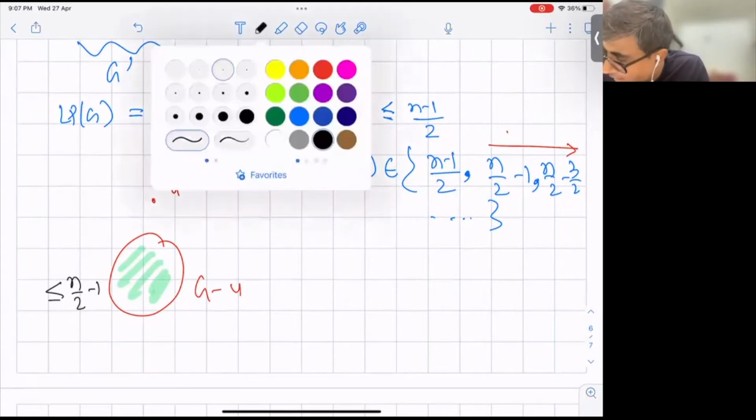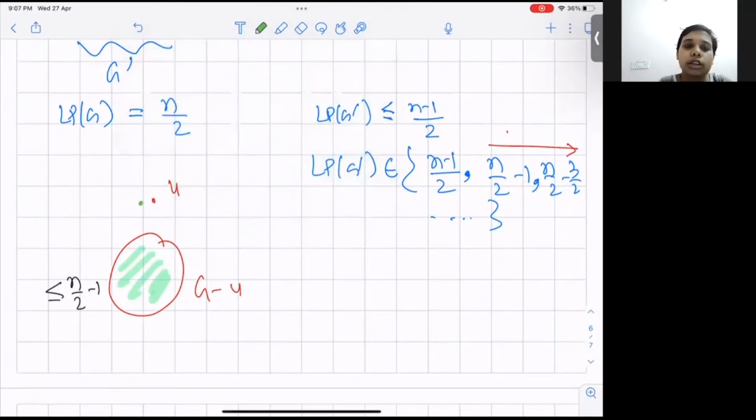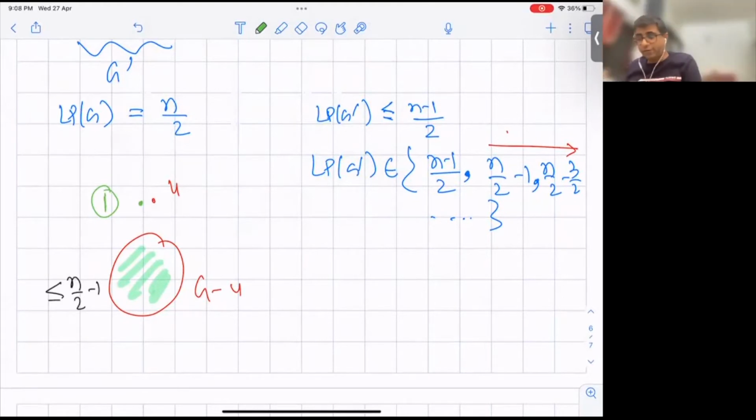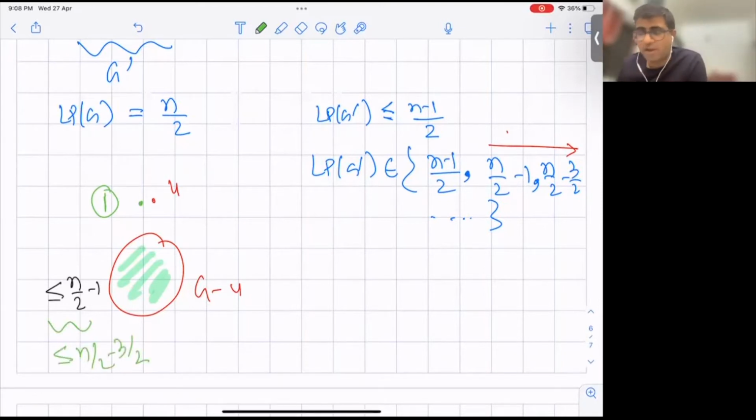Well, then I can assign Q equal to 1. Then what happens? Then the original LP is not half integral. So for sure, if this is less than or equal to n by 2 minus 3 by 2, then it contradicts the fact that n by 2 was the value of LP. So this is definitely not true.